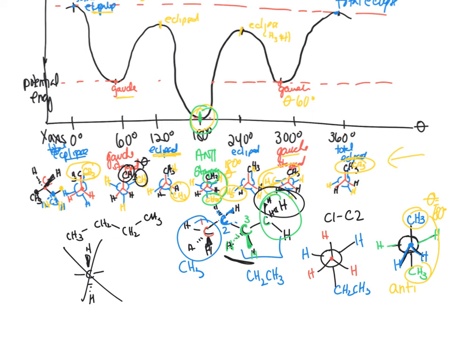Question 12a: identify which of the above Newman projections are staggered and which ones are eclipsed. Okay, so when you get that done, you can say, okay, this one's staggered. And you can see that all these are staggered. And then the eclipsed would be the eclipse framework here.